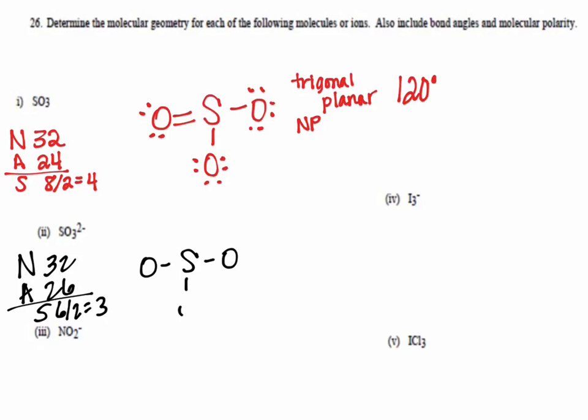So now I don't have the double bond. I finish out my oxygens, and I have 2 left over, and they go on the central atom.